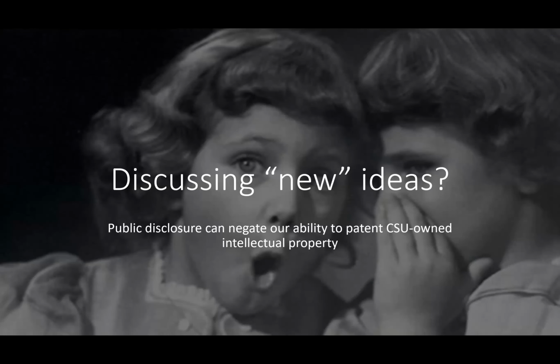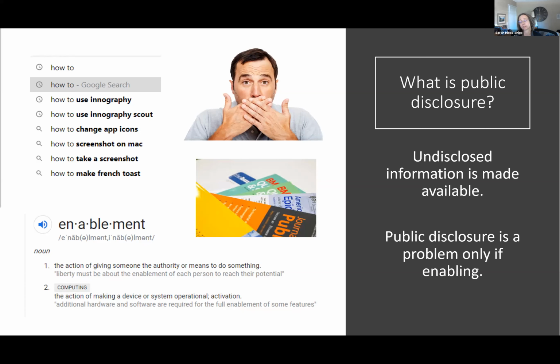And so what we're really talking about are new ideas, right? Public disclosure, in a real sense, if you have intellectual property that can be patented, completely kills the ability to patent it. If you tell others about it in a way that allows them to make it, that's what we consider public disclosure.